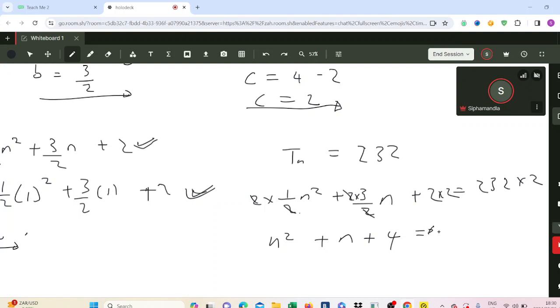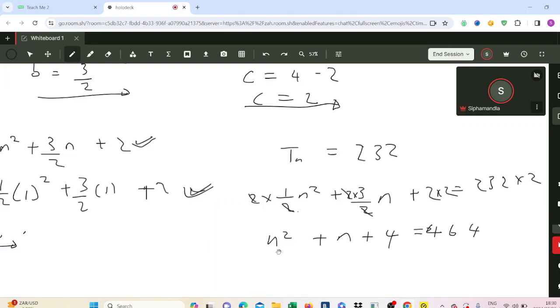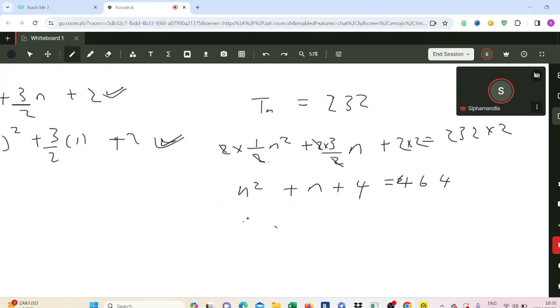So I will take that 464 to the side, and then I will have n squared plus n, plus 4 minus 464, equal to 0, which would give me n squared plus n minus 460, equal to 0.